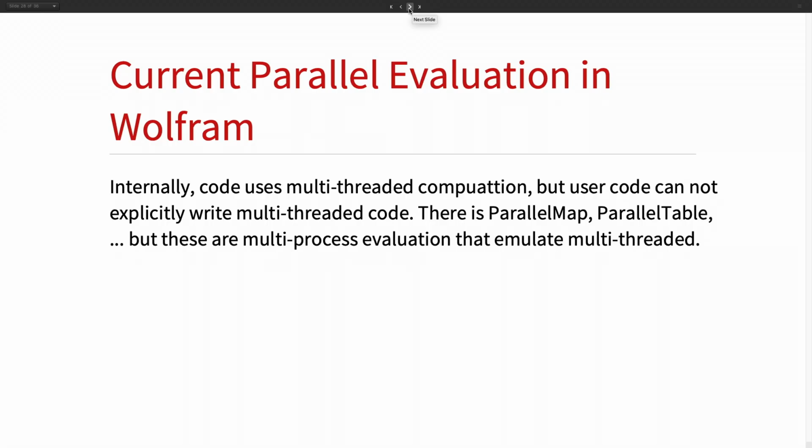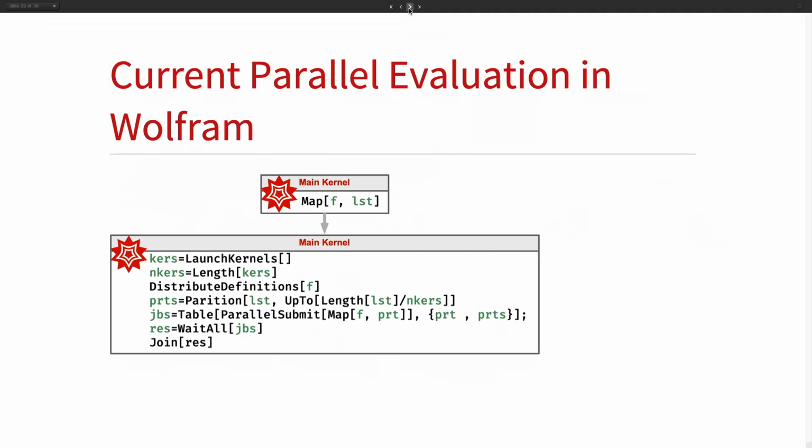So people want to write, regardless of parallel map or parallel table, people want to say launch this thread or launch this task, split this in parallel or in the background, and then join that later and things like that. So people cannot write that at top level, but you could do that in the compiler. So in current Mathematica, the way parallel evaluation works is that, and this is not the implementation, this is what I think the implementation is.